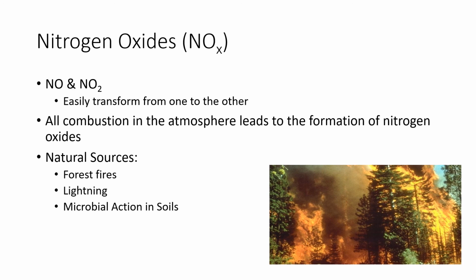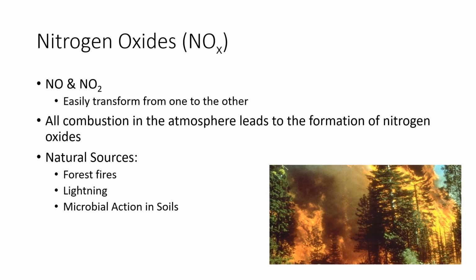So nitrogen oxides, or NOx, remember that subscript x denotes a number. In this case, it's 1 and 2, right? Nitrogen oxide and nitrogen dioxide, and they go back and forth pretty easily from one to the other. But basically, all combustion leads to nitrogen oxides.